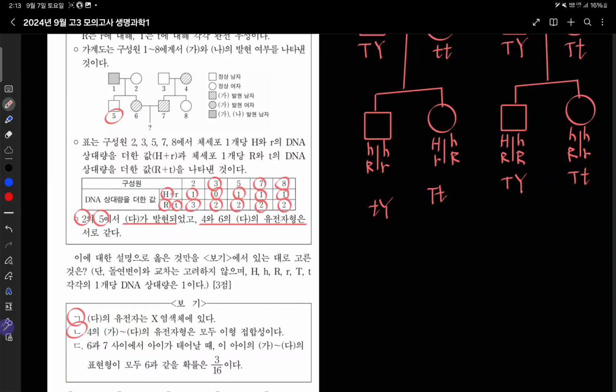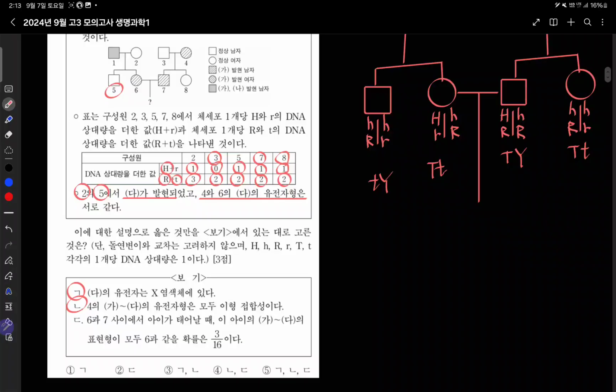And for the third statement, if individuals 6 and 7 have a child, we want to find the probability for the child to have the same phenotype as her or his mother, individual number 6.